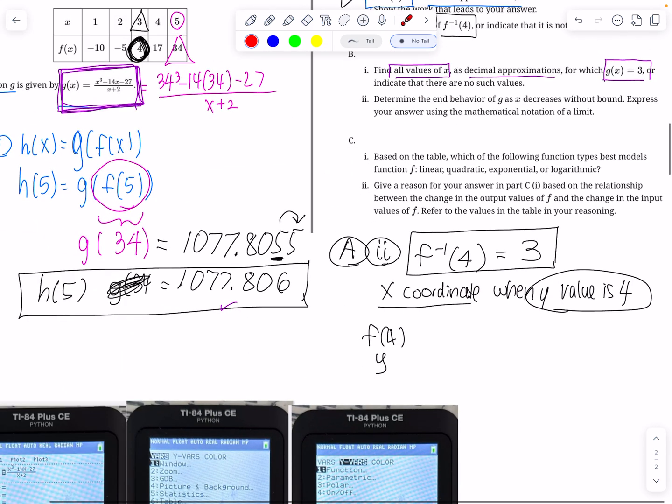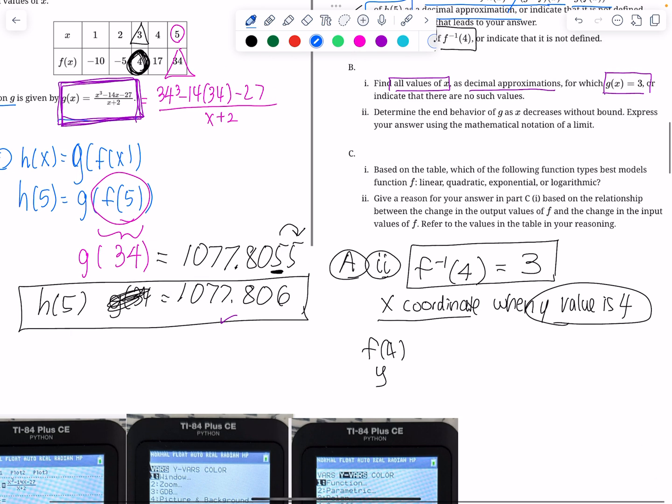Okay, so we were up to this part here where we're doing B, and it says find all values of x. Okay, so it was x equals, so I'll just write second trace, and that was for calc.